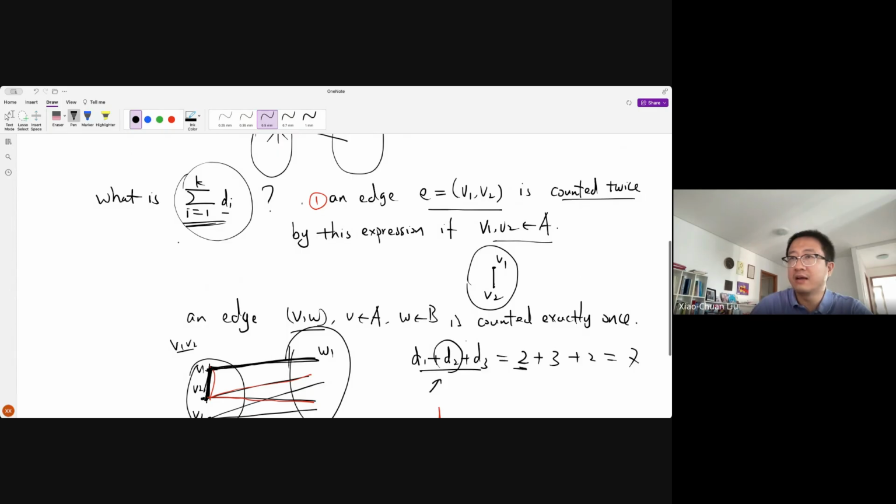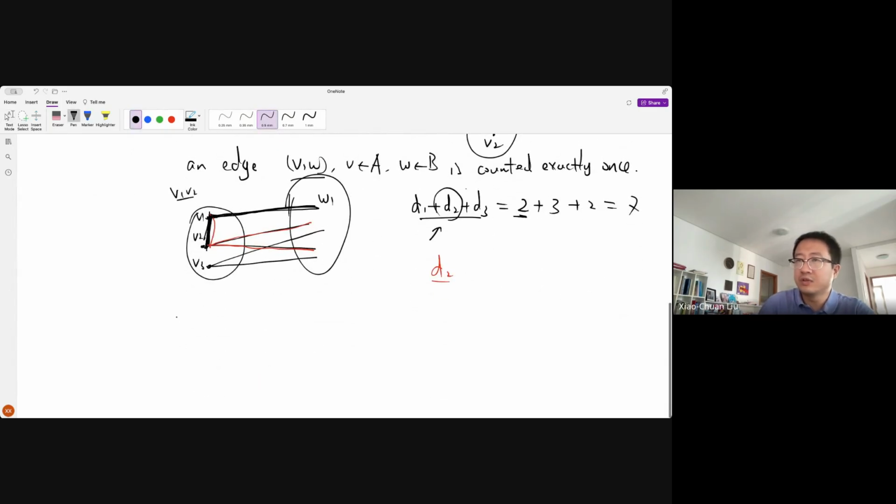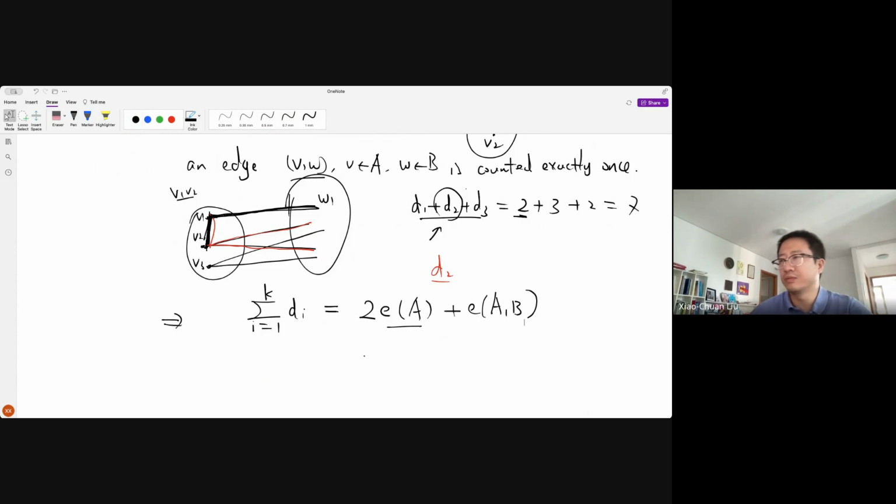So this sum implies that the sum for i from 1 to k of di equals twice the edges of A. So I write E(A), meaning all the edges inside A, twice E(A), and once the edges between A and B. So this is what we have achieved so far.